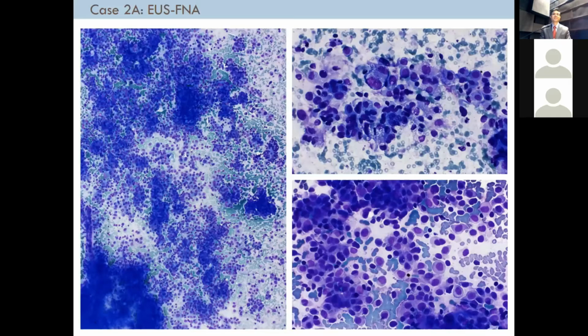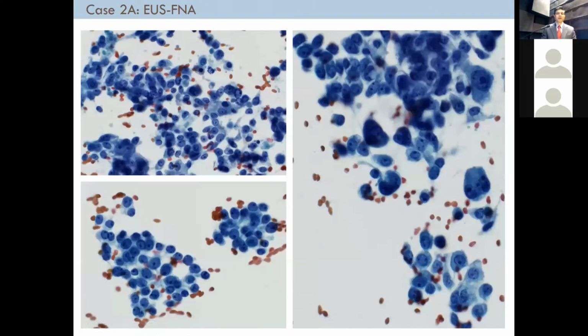As you can see, these different quick stain smears are very cellular, and they are composed of discohesive cells that look like really high-grade cells. Over here, if you look at the high power image, they have a variable amount of cytoplasm. Some of them look plasmacytoid. There is also an occasional group that showed glandular differentiation.